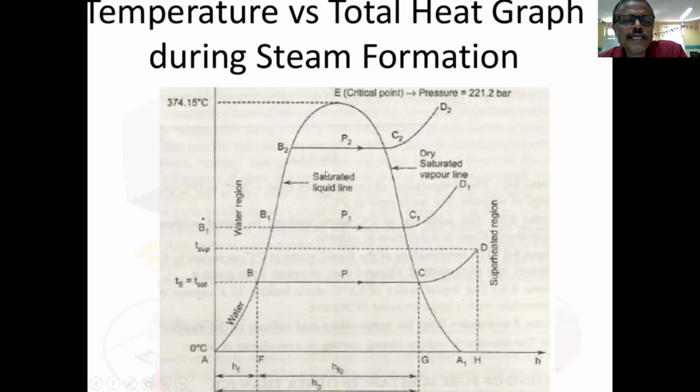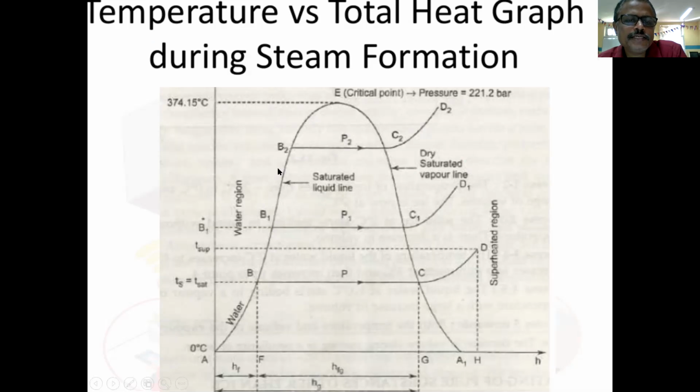If you keep on increasing the pressure of steam formation, you can see in the graph that the boiling point increases and hence the sensible heat increases.